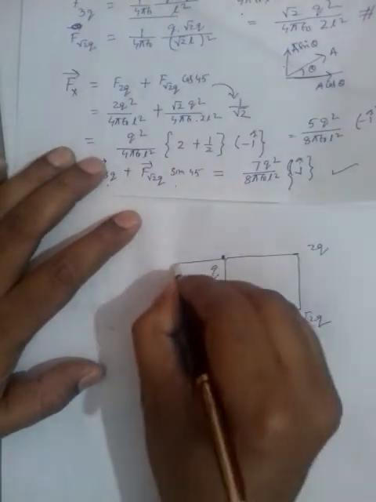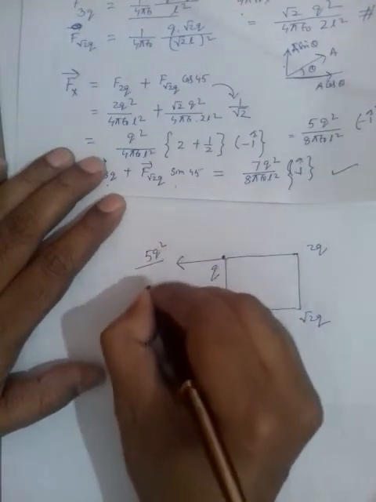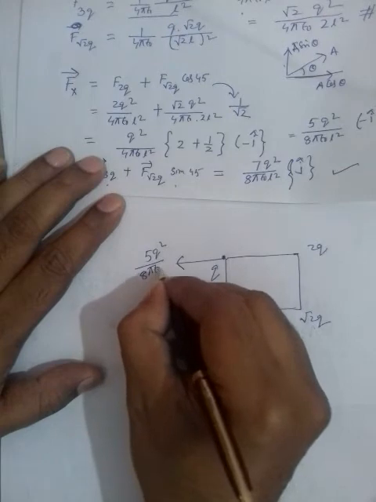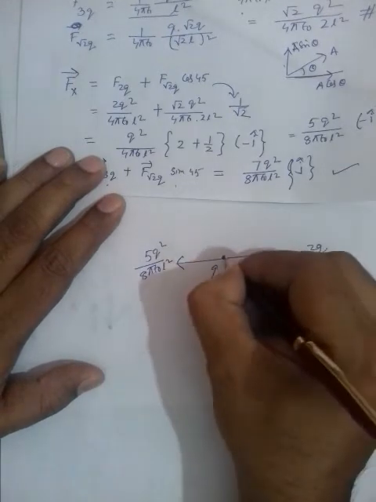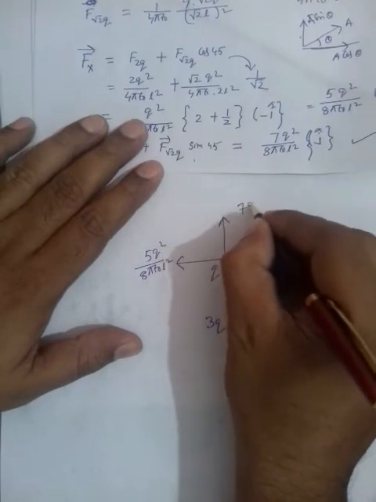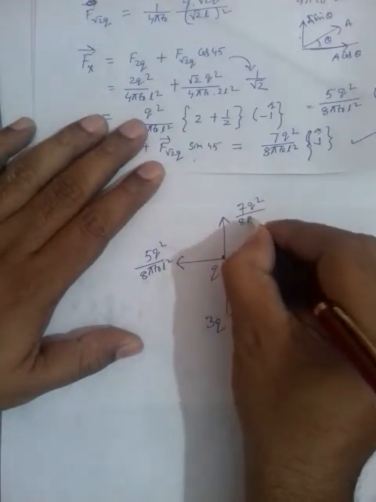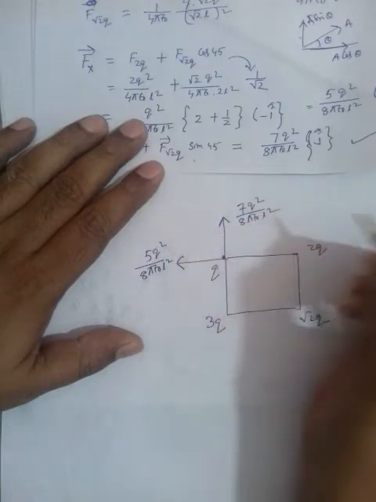Now force in this side is 5q square by 8 pi epsilon naught L square, and force in this side is 7q square by 8 pi epsilon naught L square.